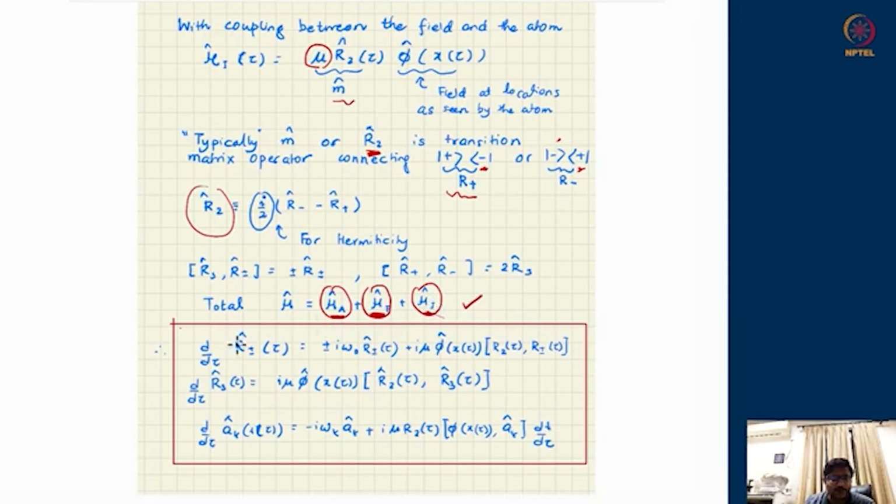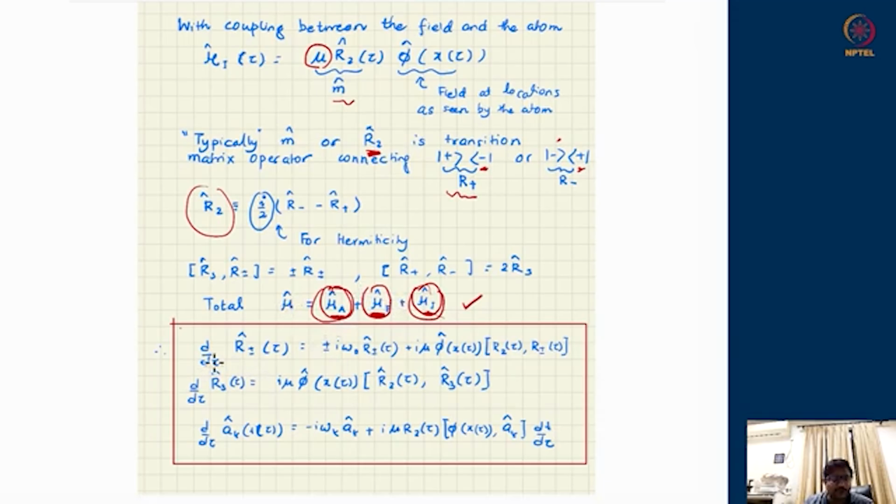So when I take the commutator of R plus with the total Hamiltonian, the R plus operator will have a non-trivial commutation with the first term and the third term, because these involve operators from the atomic sector. With the second term, it would commute trivially because field operators are different from the atomic operators.